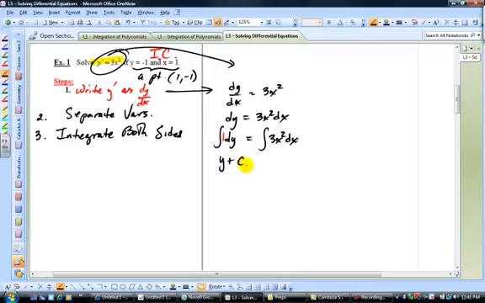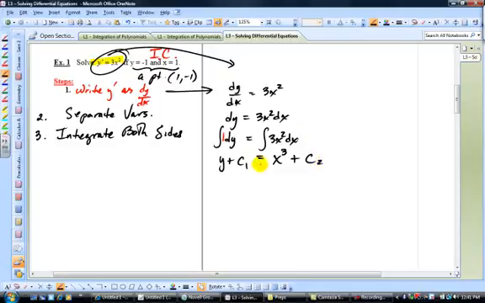Plus some constant of integration, we're going to call it c1, because both integrals are going to involve a constant. That's going to be equal to the integral of 3x squared dx. Now we're looking for a function whose derivative is 3x squared, and that's x cubed, plus another constant of integration, c2.